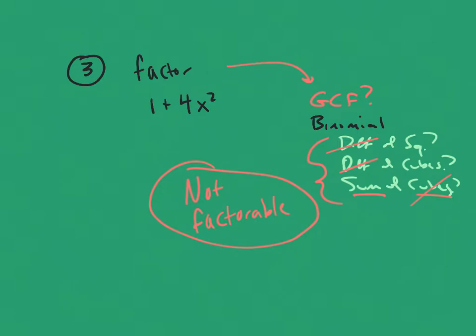Binomials, only 3 ways to factor them. If it's not one of those 3, not factorable. 180x to the third minus 125x.